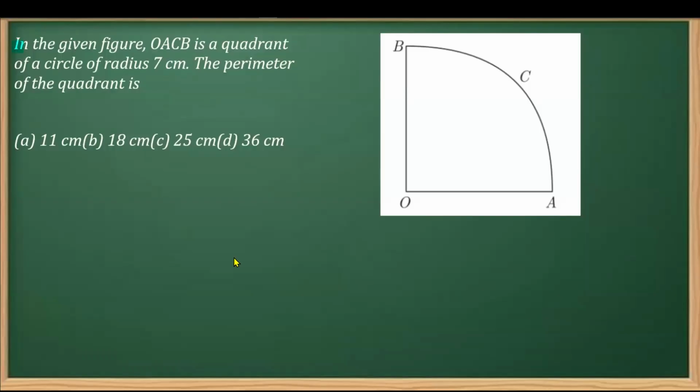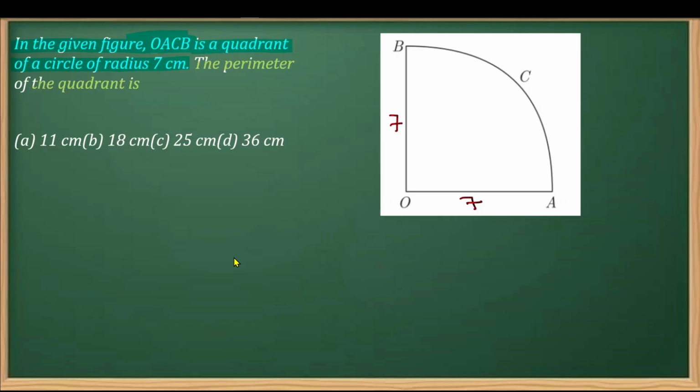This question says, in the figure, you can see OACB is a quadrant. That's true. Now, it is mentioned it's a quadrant of a circle of radius 7 centimeters. So that means this is 7 and this is 7. This is the radius. What we have to find out is the perimeter of this quadrant.